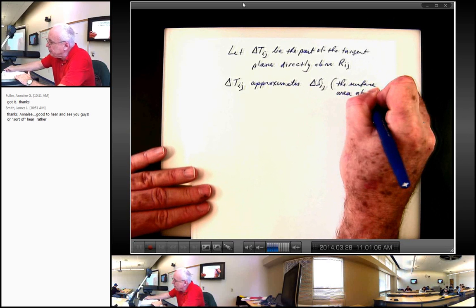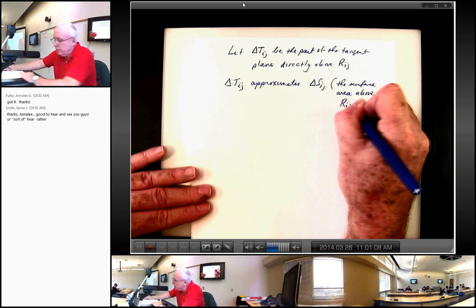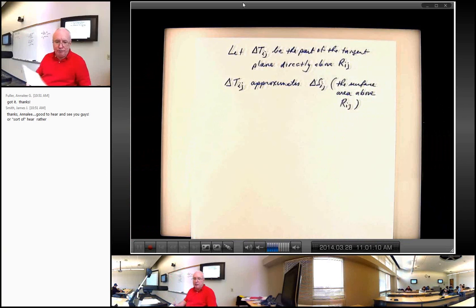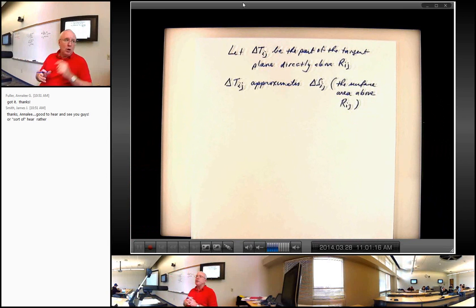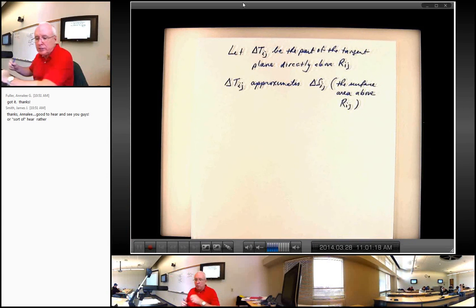The surface area above Rij, so we get an approximation. What we do now is add all these different approximations together. We get that double Riemann sum.